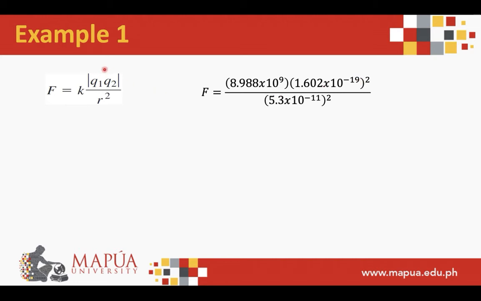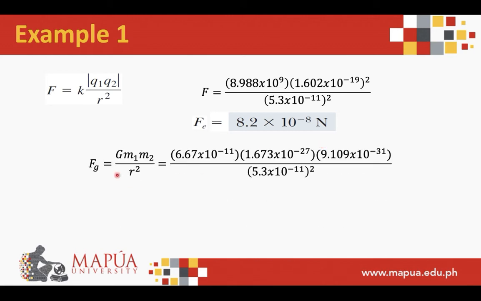Since it is the same for proton and electron, we square the value and divide by the square of the distance. This is the value of r. So the electrostatic force is 8.2 times 10 to the negative 8 newtons.